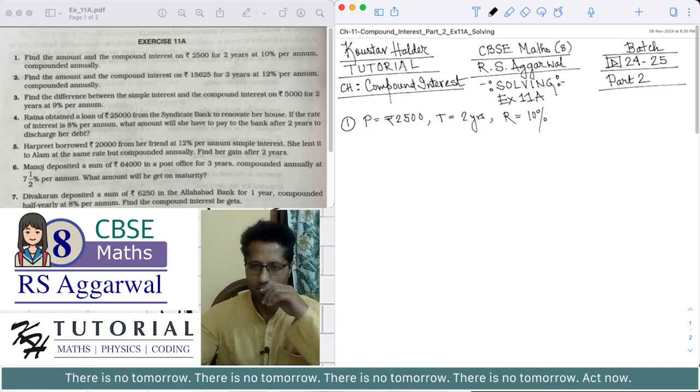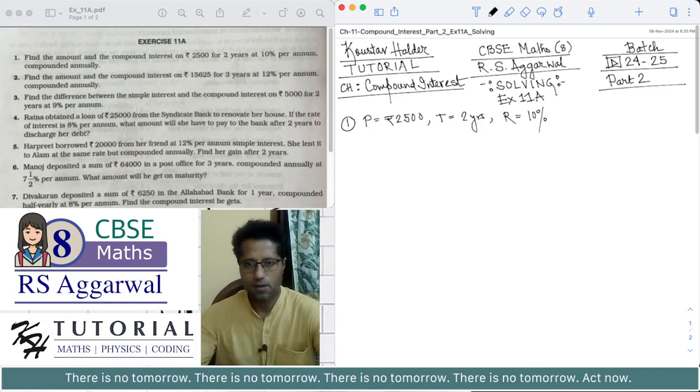This is based on compound interest. So the interest will be compounded annually, which means that the unit of time is equal to 1 year, which is equal to 12 months.